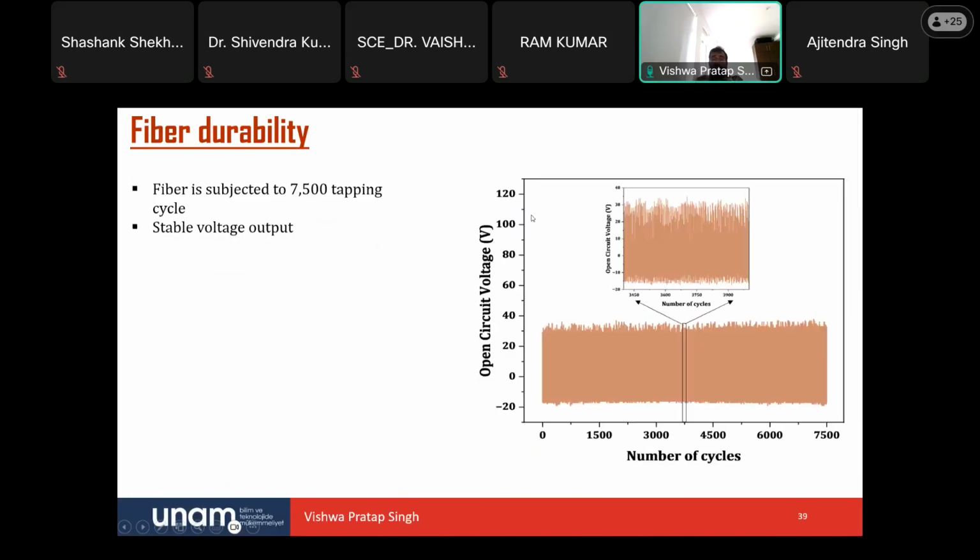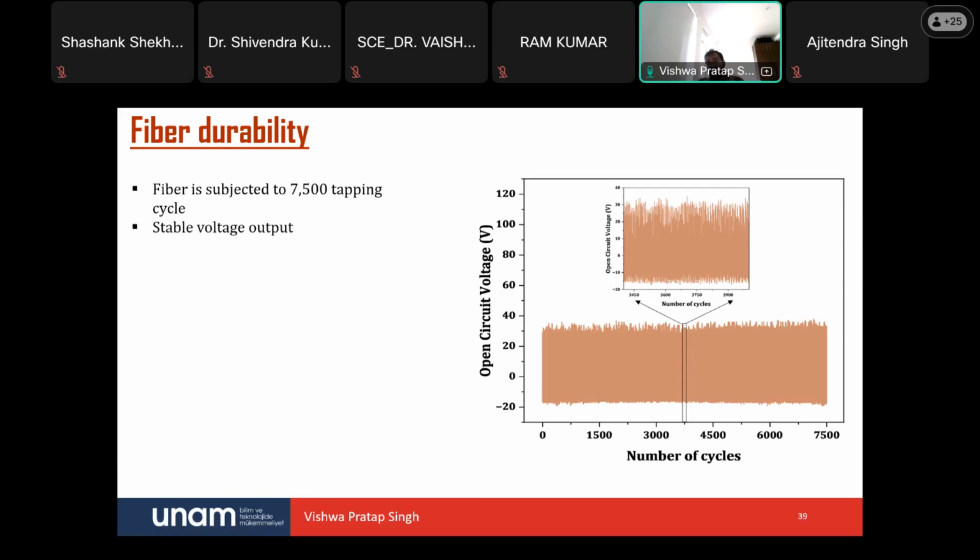So for fiber durability, what we did, we again used the simple stepper motor to measure how long this can give a regular output without degrading. Around 75,000 tappings, we saw that it's still continuously giving the same amount of voltage, and it even increases, because charge is easily accumulated when you are pressing at a high speed.